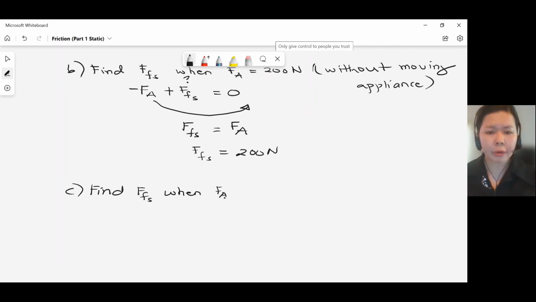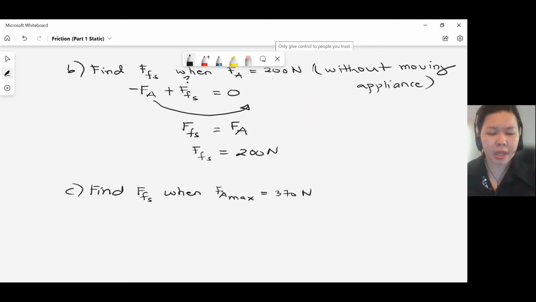So this is now the maximum pushing force before it starts to move.